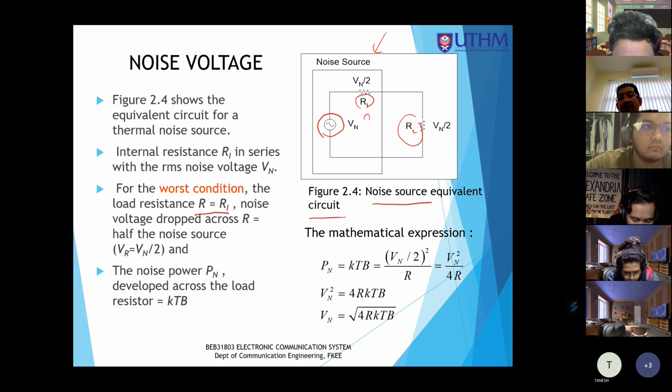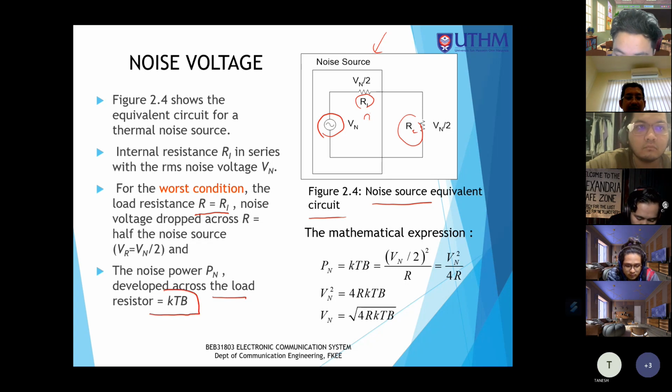Okay, maknanya voltage drop pada load adalah separuh daripada voltage pada source. Itu kalau R load sama dengan R internal. Okay, so at this, if both resistance are equal, that means we're going to achieve the highest value of noise voltage at the load. So the noise power Pn developed across the load resistor is KTB.